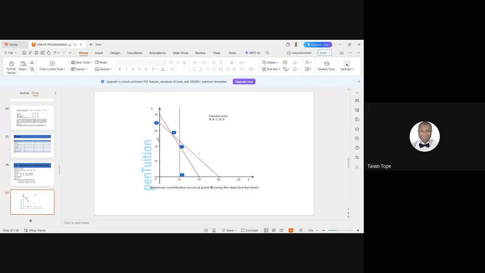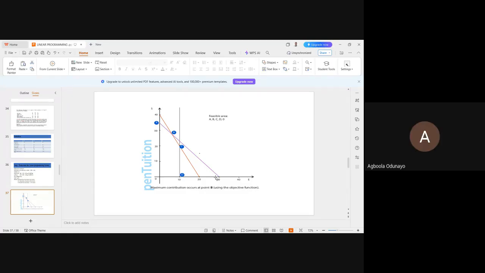So when X is 0 here, what is E? Check your solution. When X is 0, what is E?